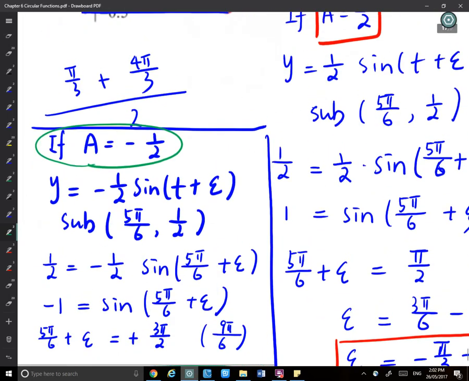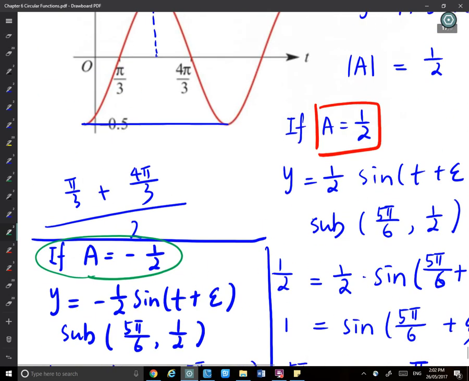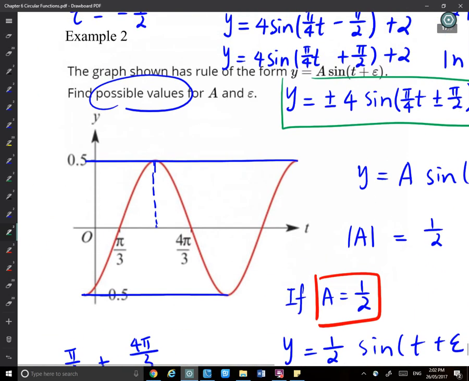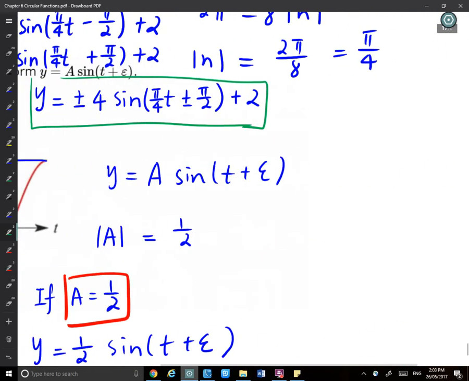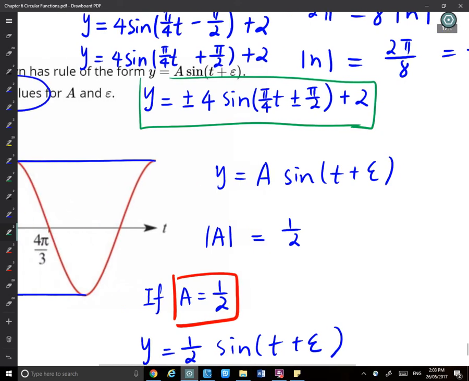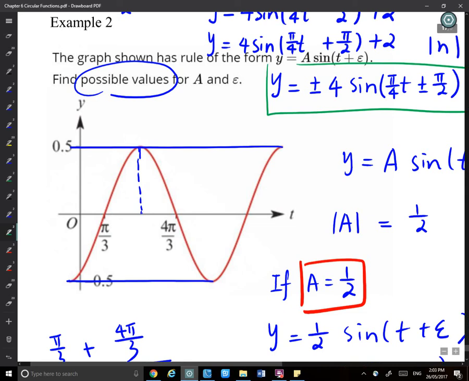Why do I say if you sub a maximum point, the next step must be correct? Because your period is already settled. Your period is already 2 pi, and each step you will take a quarter of the period to go. Okay, it will be the same. Wait, I think, okay, 1, 2.